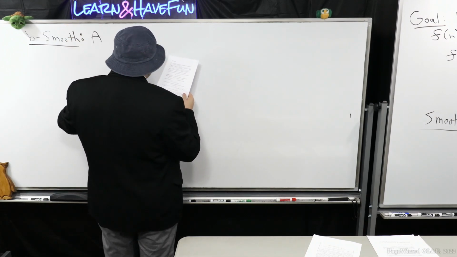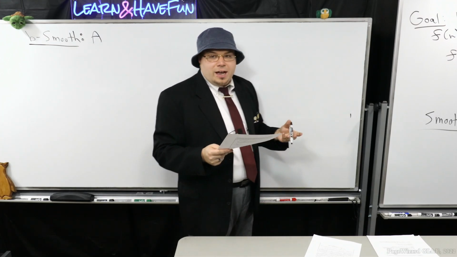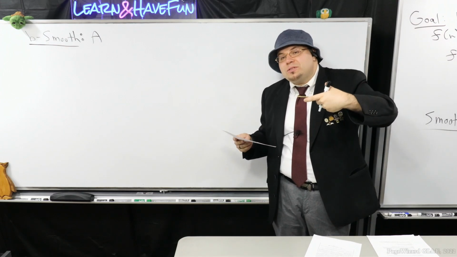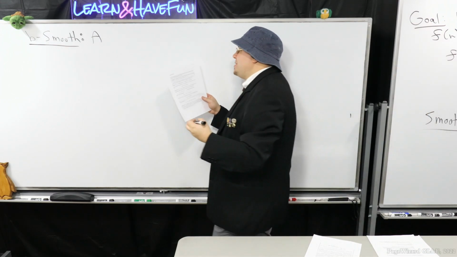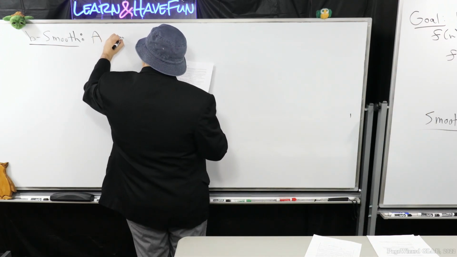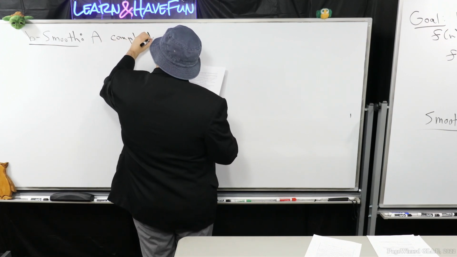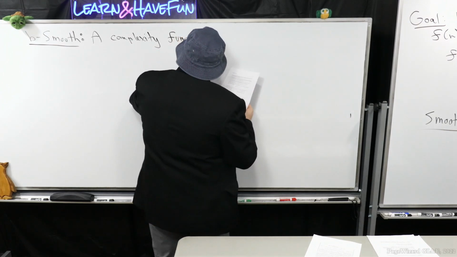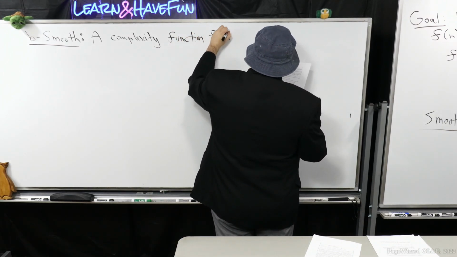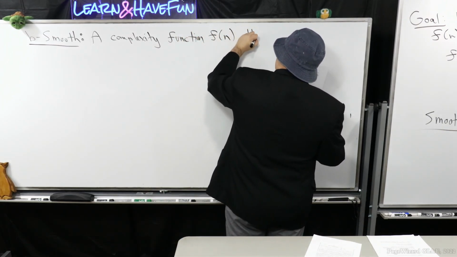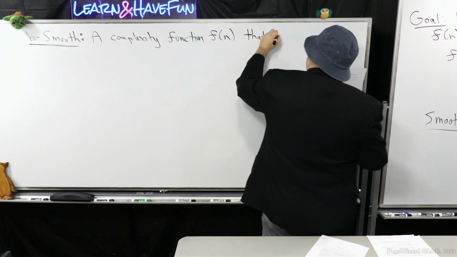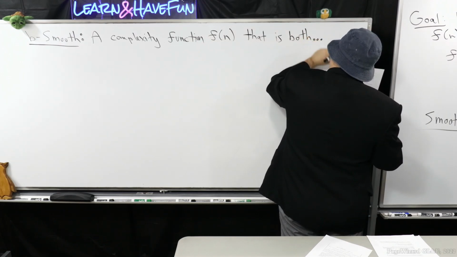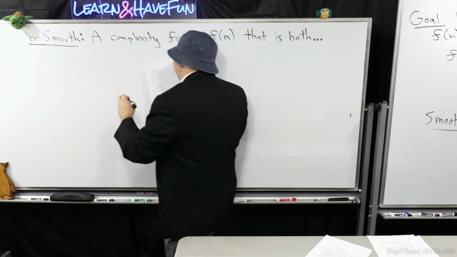So at first, this is going to look like it's a generalization of the idea of smooth, but I'm actually going to prove to you that any function that is smooth is b-smooth. So we say a complexity function f that is both, you're going to see that this definition is just like the smooth definition with a small wrinkle.